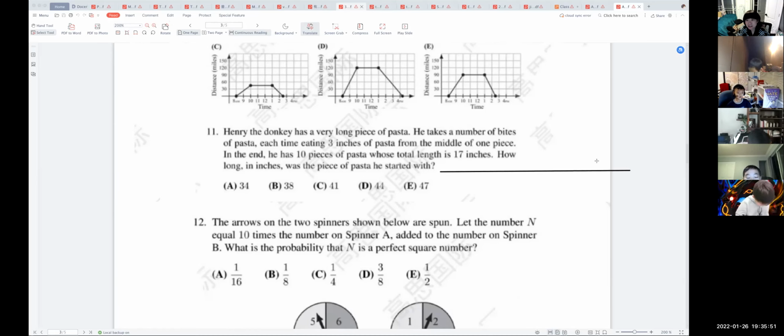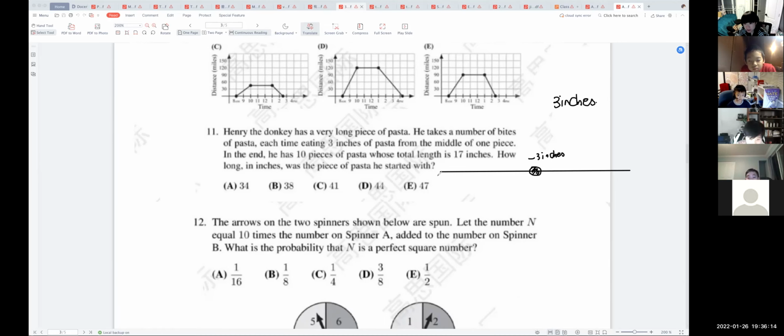就有一条很长很长的 pasta。然后这个叫 Jerry 的 donkey，每次都吃3 inches. So every time he eats 3 inches. So my question is, if he ate one time, 是不是 minus 3 inches?